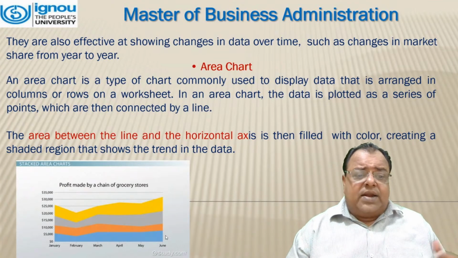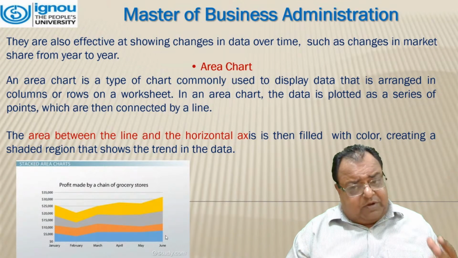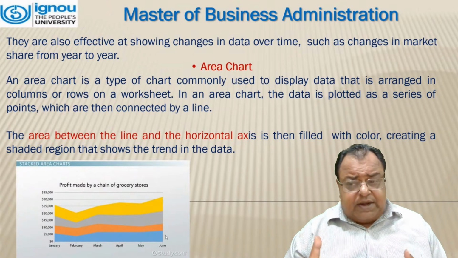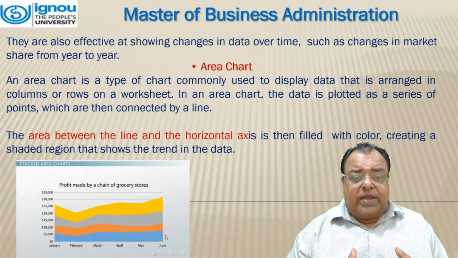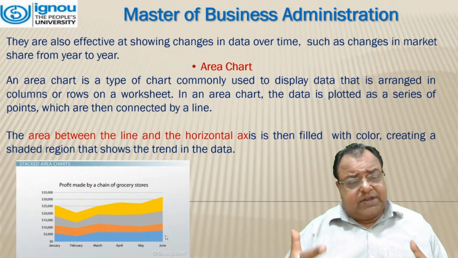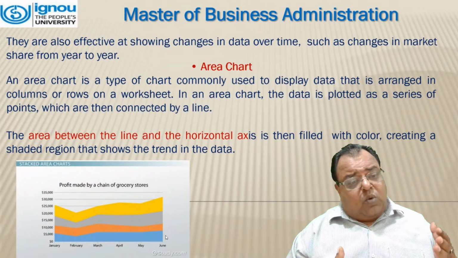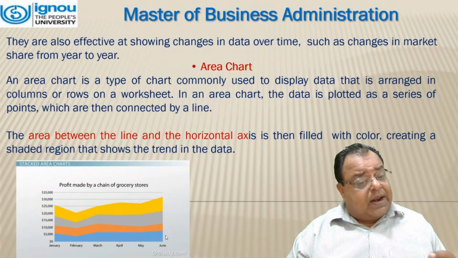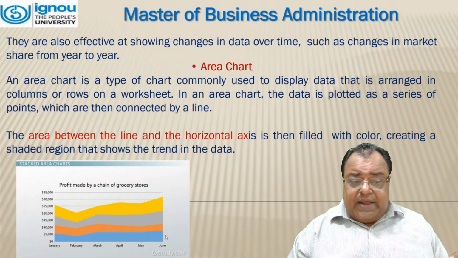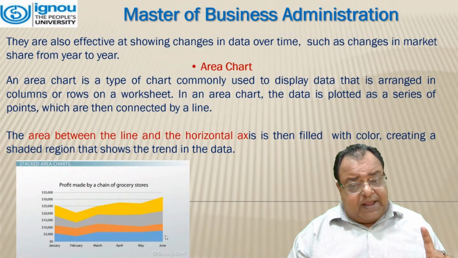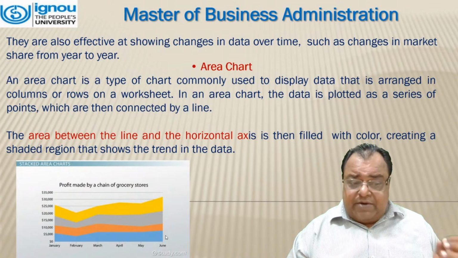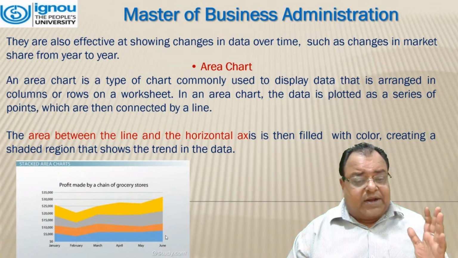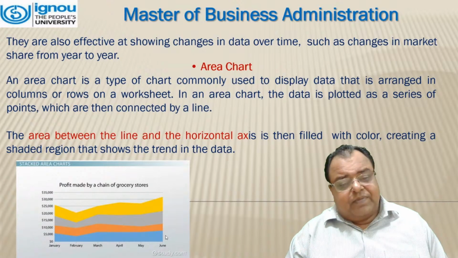Then comes your area chart. An area chart is a type of chart commonly used to display data that is arranged in columns or rows on a worksheet. In an area chart, the data is plotted as a series of points, which are then connected by a line. The area between the line and the horizontal axis is then filled with color, creating shaded regions that show the trends in the data.